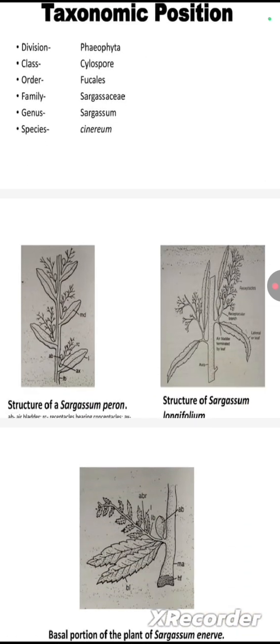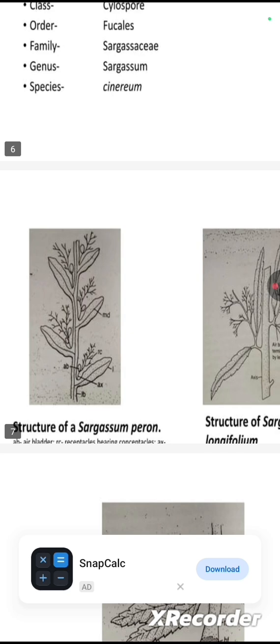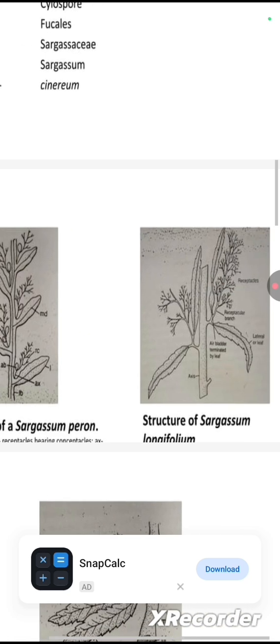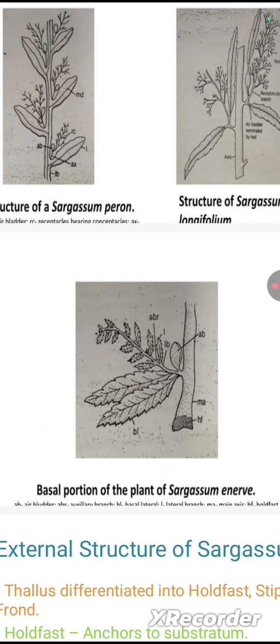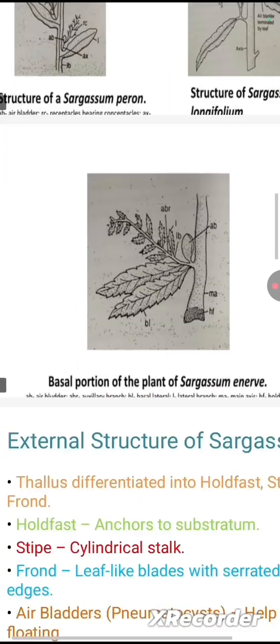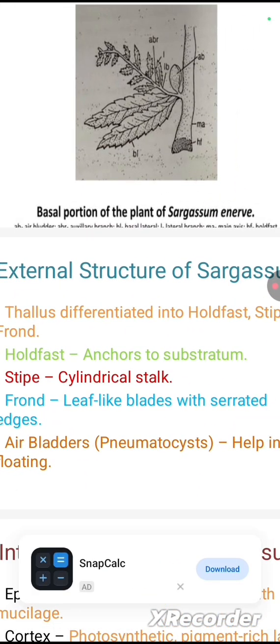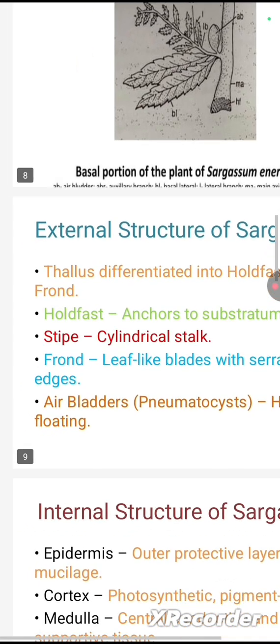This picture shows the structure of Sargassum, and this is the structure of another Sargassum species, and this picture shows the basal portion of the plant of Sargassum. The body of Sargassum is called thallus.